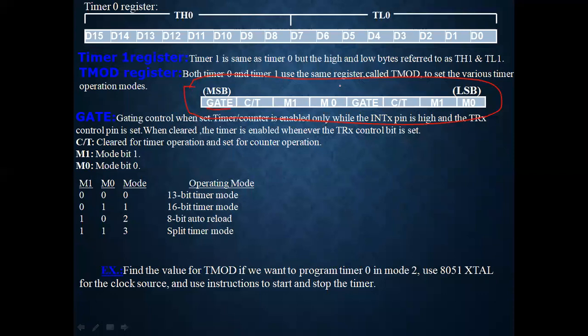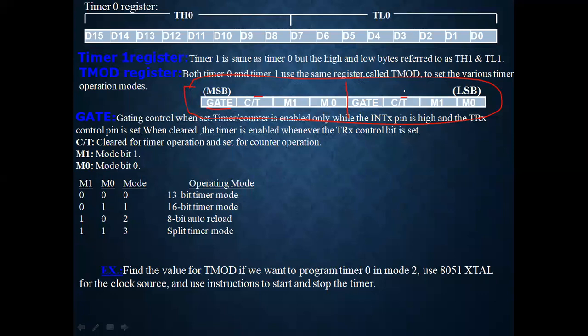You can see that the upper 4 bits and lower 4 bits are the same: gate, C/T bar, and so on. So these two things are the same, upper 4 bits and lower 4 bits. Why, we will come to that.